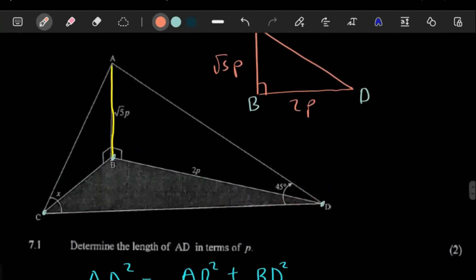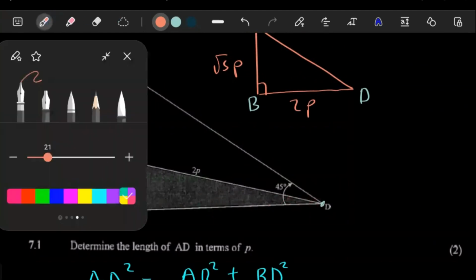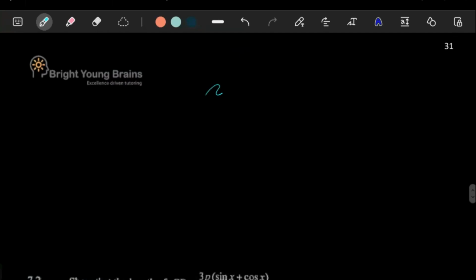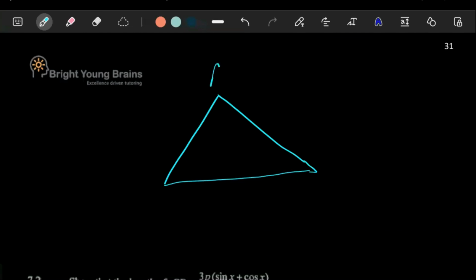Now it looks as though the best triangle to use is triangle ACD. That looks like the best triangle to use to get CD, right? So let's do ACD. So there's A here, C here, D over there, right?